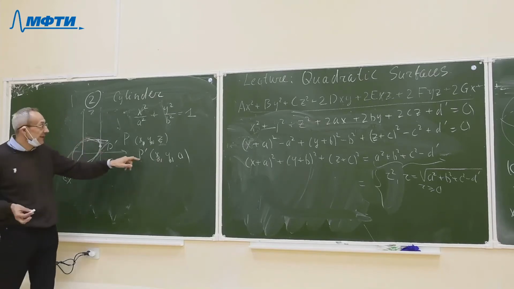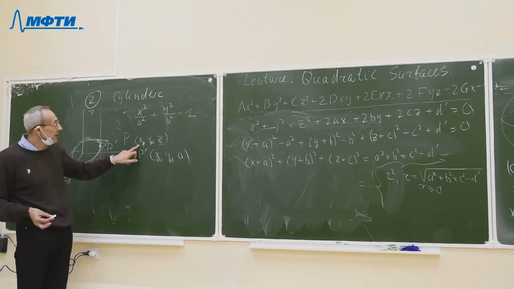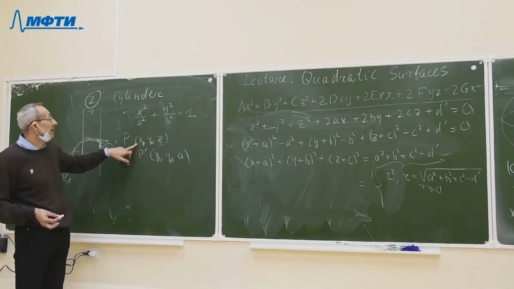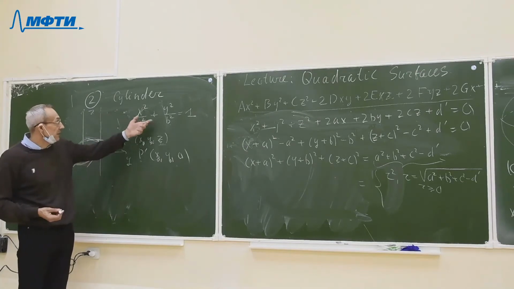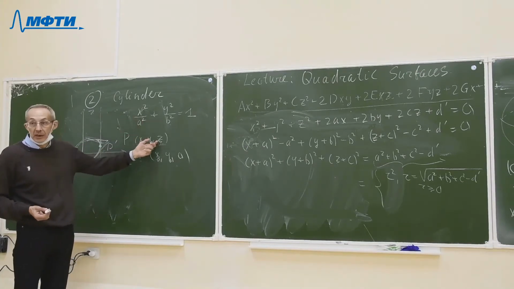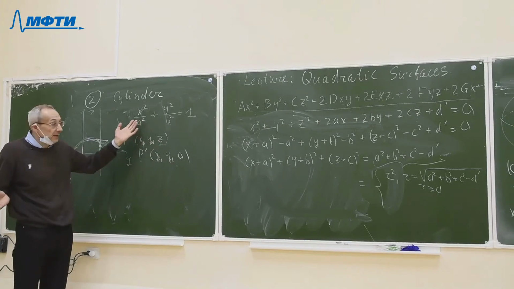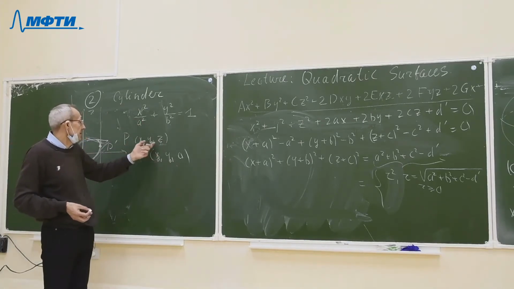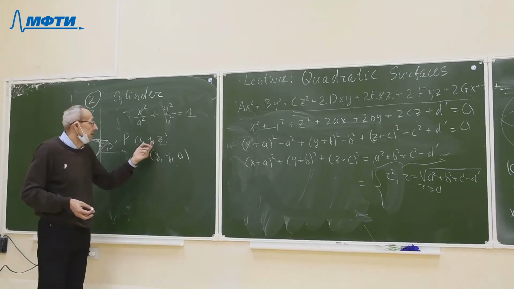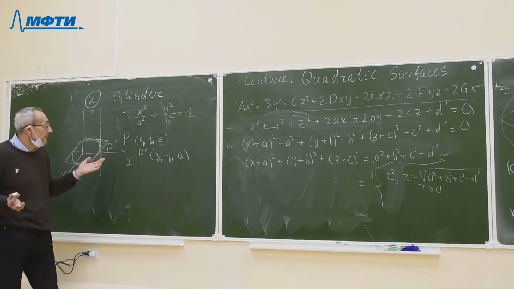It is easy to see that the coordinates of this point satisfy the initial equation, because in this equation the coordinate z is absent, and z as a coordinate can be arbitrary.